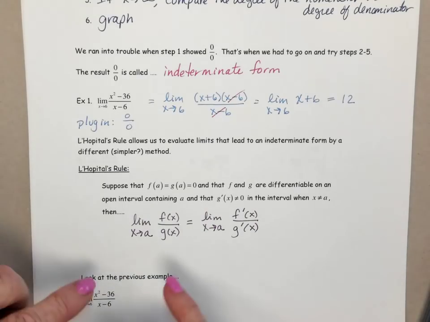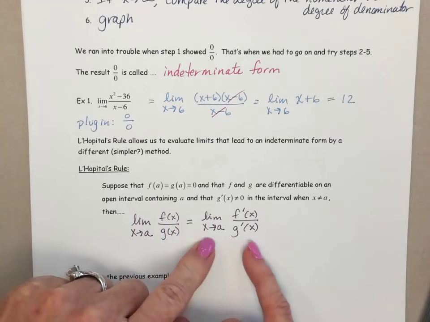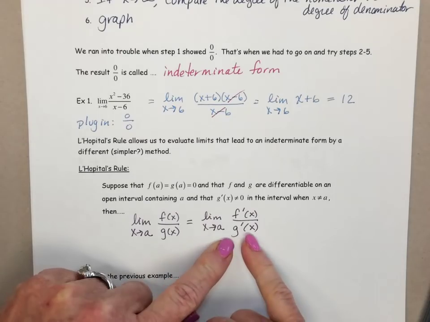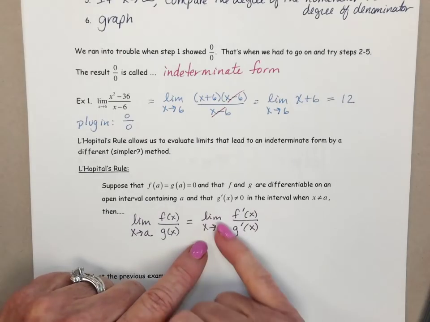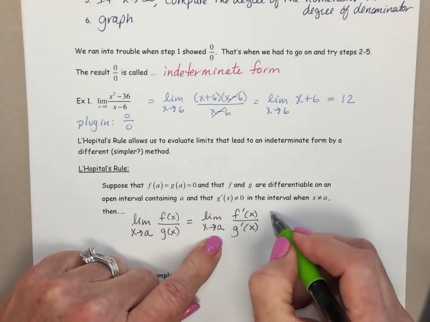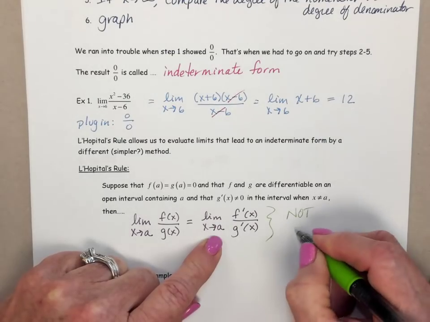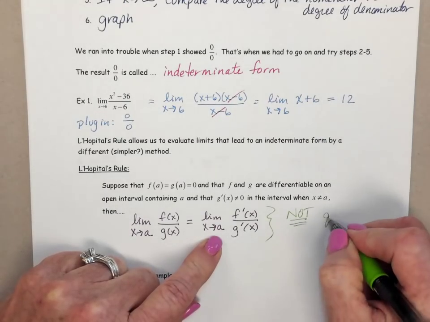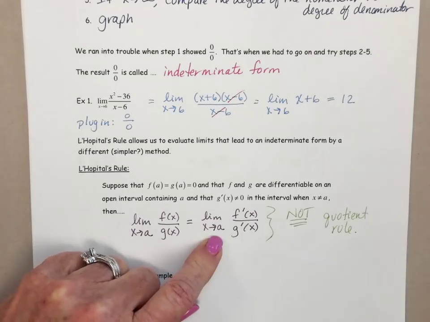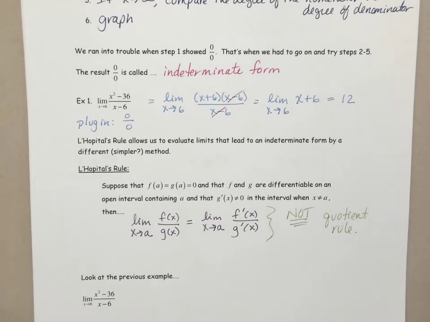Well, L'Hopital discovered that finding this limit is exactly the same thing as doing the derivative of the numerator and the derivative of the denominator and then evaluating that as x approaches a. Now I want you to notice here that this is not quotient rule. It is purely the derivative of the numerator over the derivative of the denominator.